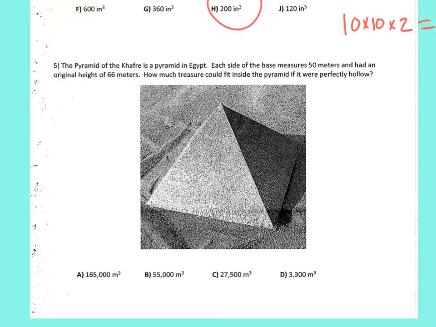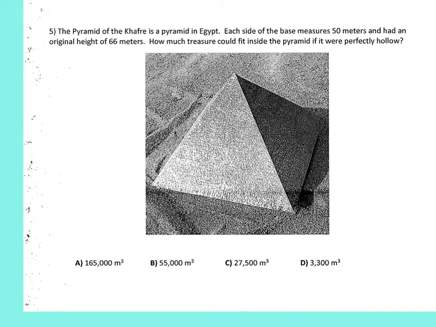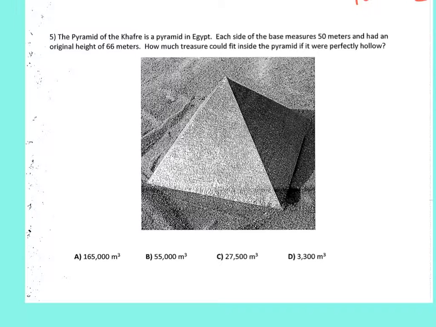Number 5. Pyramid of that word is a pyramid in Egypt. Each side of the base measures 50 meters and had an original height of 66 meters.